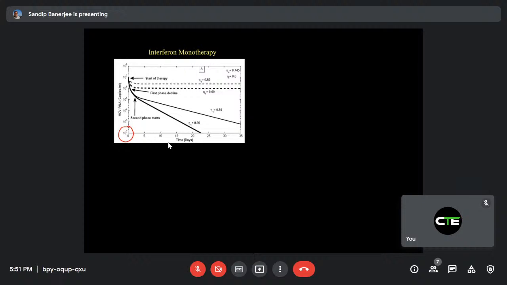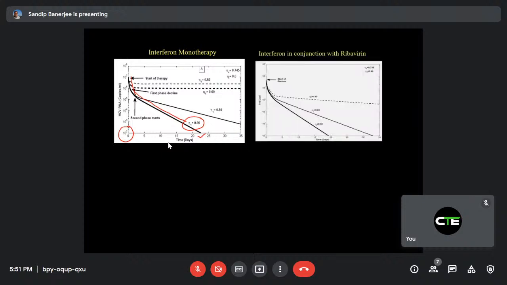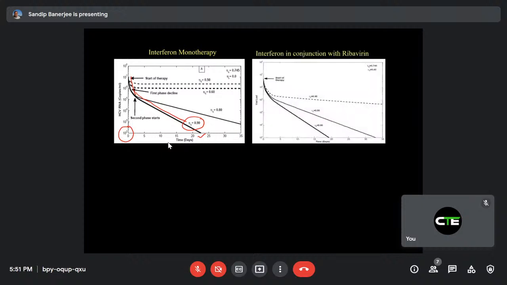And this is the sharp decline, which is the first phase decline, followed by a second phase, and with the efficacy of the drug which I have chosen, you get cured in approximately 23 days. Now consider it in conjunction with the ribavirin.